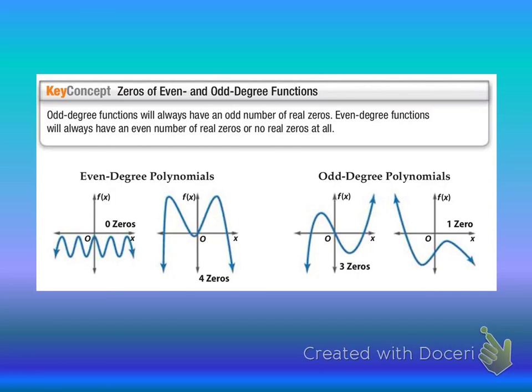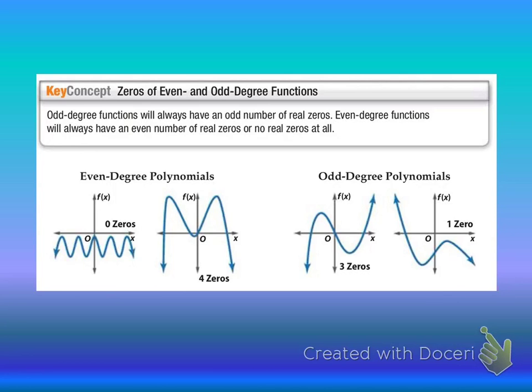Now, the reason you had 1 was because it touched the x-axis and it counted it as 2. It repeated itself. Okay? But basically, you either had 2 or 0, coming from a quadratic function with even roots. Basically, what that box says up here, if you have odd degree functions, you will always have an odd number of zeros.